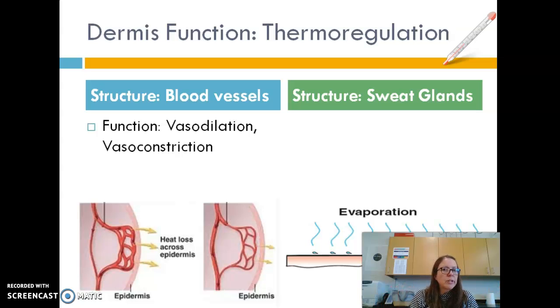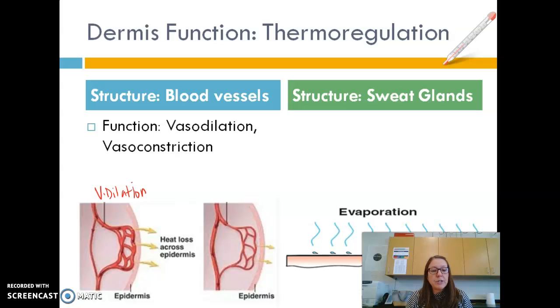What you need to really make sure is that you can tell me how that helps regulate body temperature. We can see in this picture the vasodilation happening here. Our blood vessels are getting bigger. That increases blood flow near the surface of the skin. More blood flow, more heat can be lost.